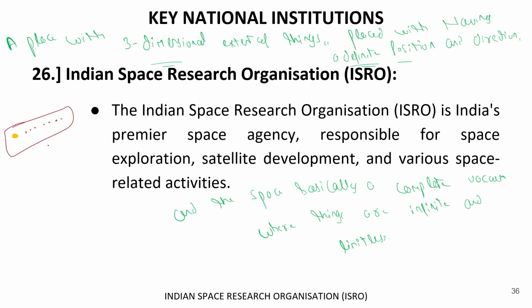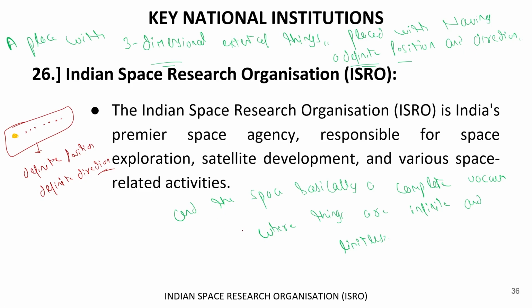All these planets are at a definite position, meaning the distance, and they are revolving in a definite direction. Similarly, other things present in space also have a definite position and direction.